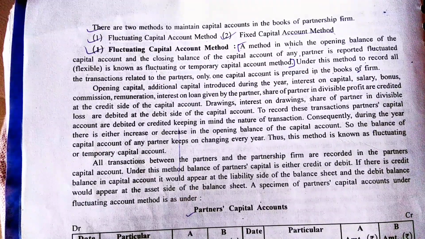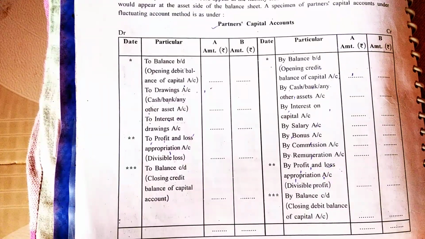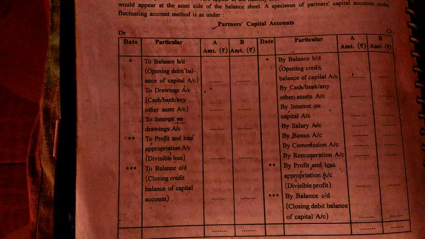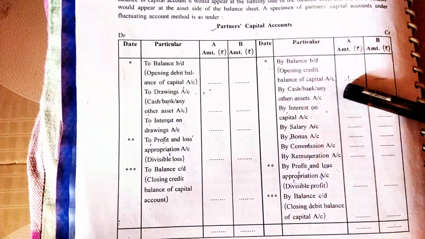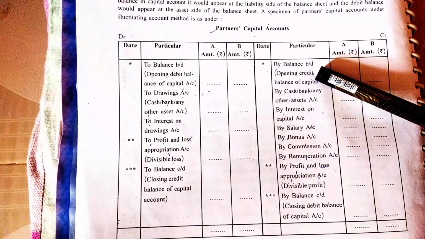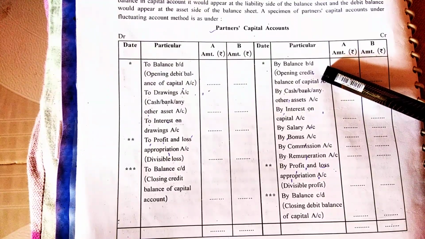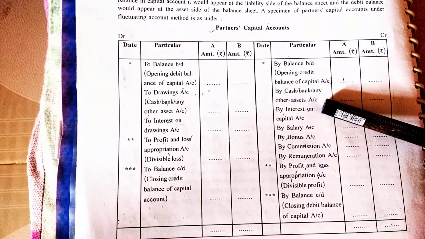Let us understand the structure of partner capital account. Okay, this is the structure of partner capital account. You can see that on the credit side, first particular is opening balance, means balance brought down. Second particular is by cash, bank or any other asset.